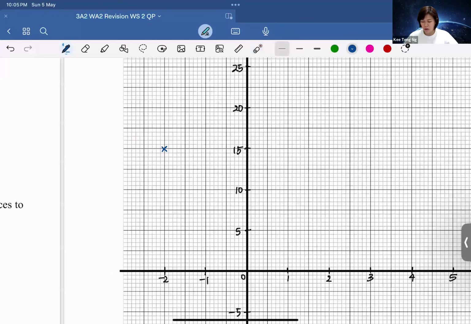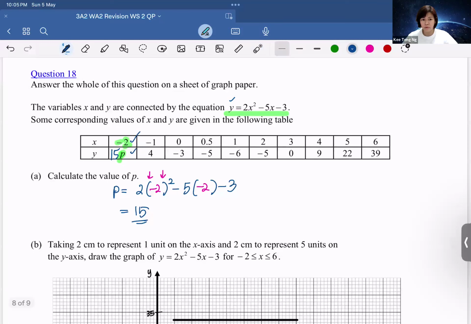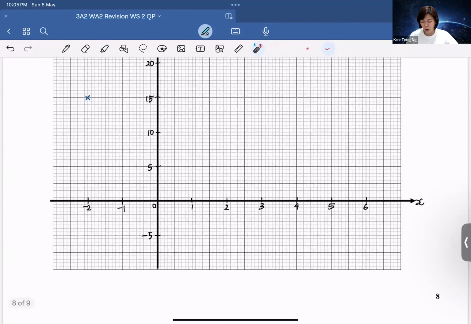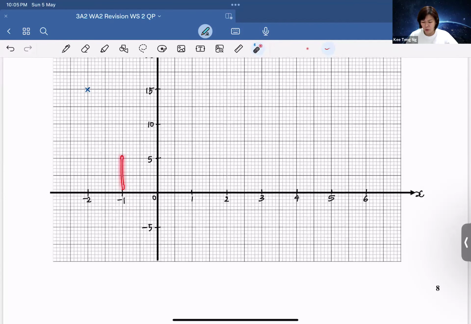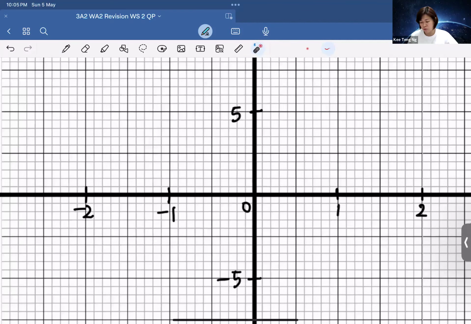Next point is -1, 4. X first, followed by y. So -1, level 4. How do I know which one is level 4? Let's count from 0 to 5.